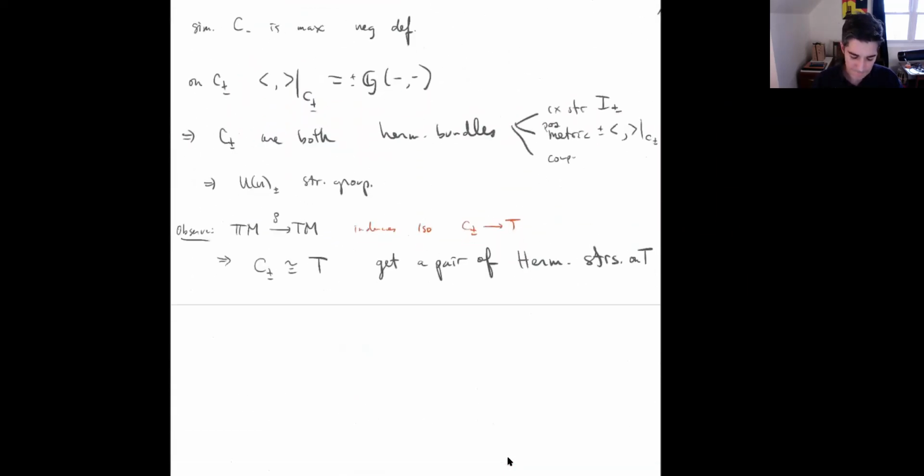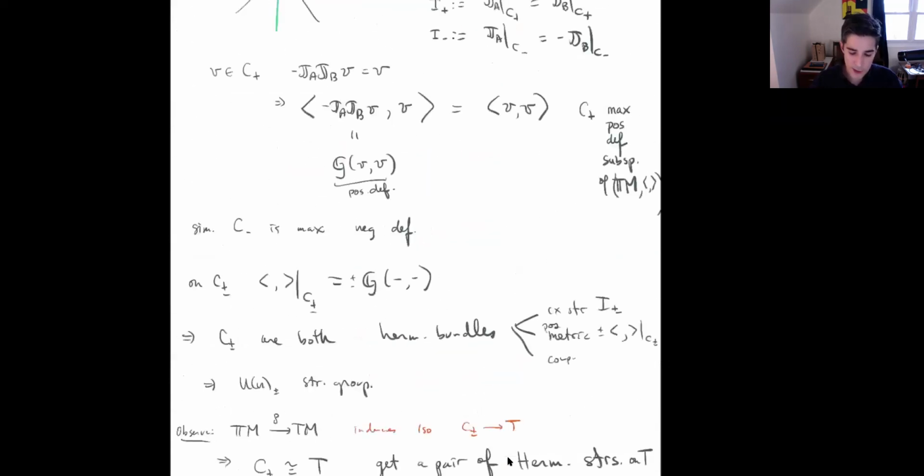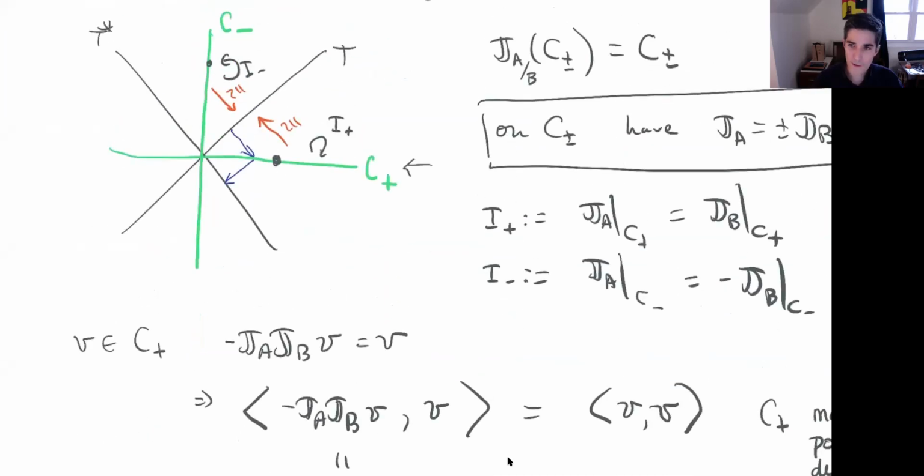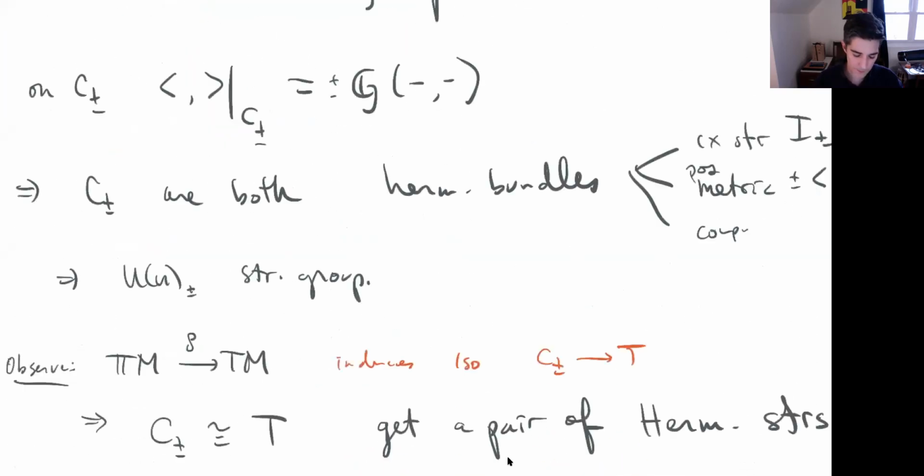So let's give a more detailed description of C plus. So look at C plus. C plus or C minus, it's the same idea. We could think of this as defining a map from T to T star. So we could think of C plus as the graph of a map of bundles.